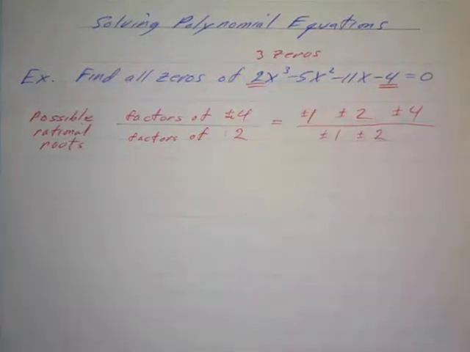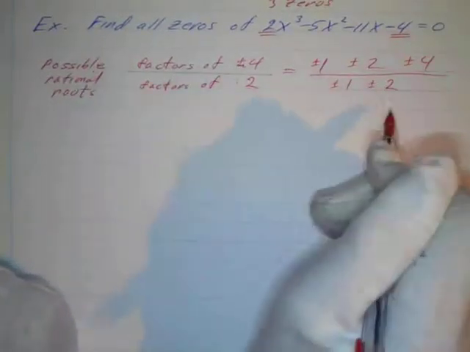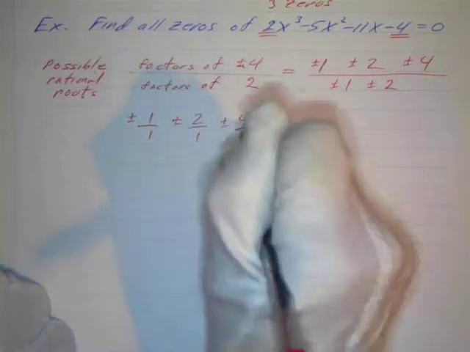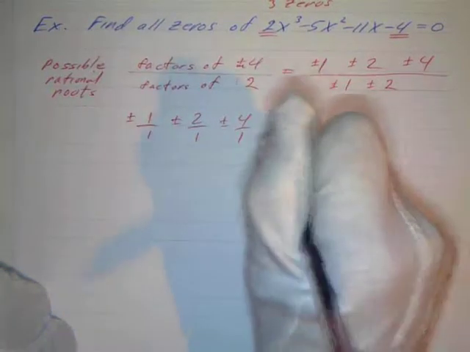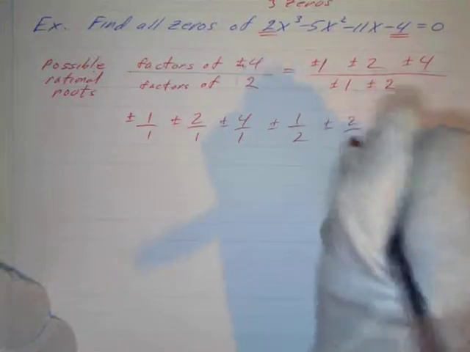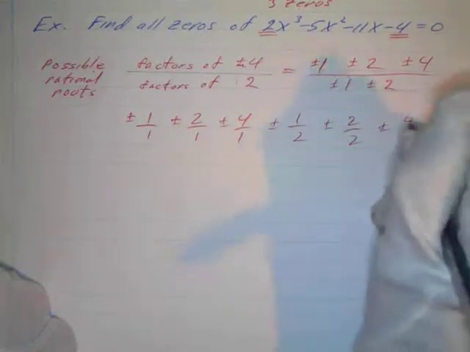So we can check our possible factors here. Over 1, we could have plus or minus 1 over 1, plus or minus 2 over 1, plus or minus 4 over 1, and then over 2, plus or minus 1 over 2, plus or minus 2 over 2, and plus or minus 4 over 2.